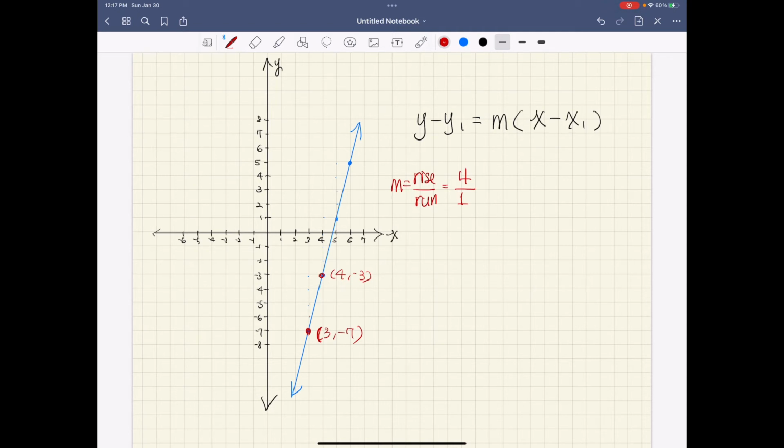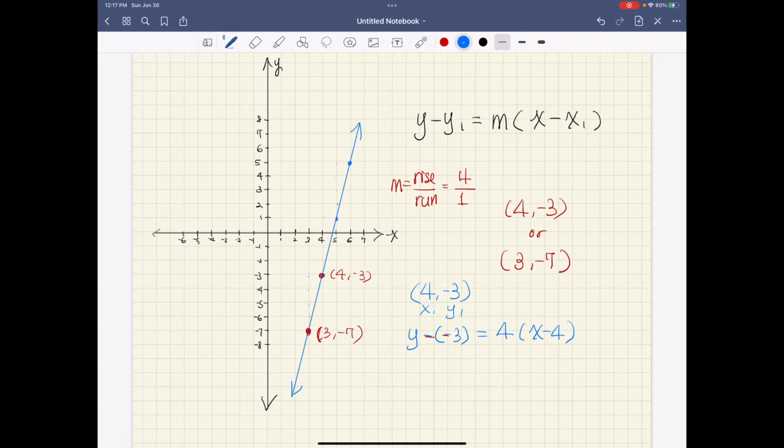And you can use either 4, negative 3 or 3, negative 7 to write into point slope form. So if I use 4, negative 3 first, that's x1, y1. Y minus negative 3 is equal to slope 4 times x minus 4. Same thing, you have to multiply negative by negative.